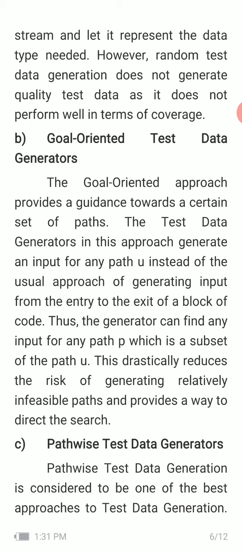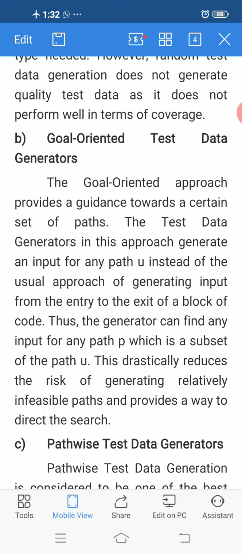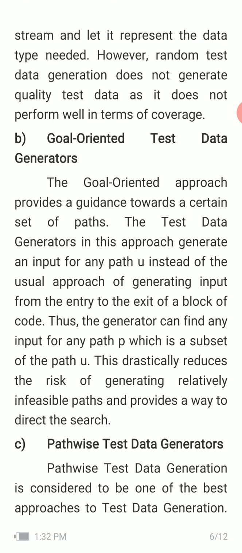But in this approach, the generator will generate an input for any path U. Thus the generator can find any input for any path P which is a subset of path U. This drastically reduces the risk of generating relatively infeasible paths and provides a way to direct the search, so it will instruct the search for the one we want.